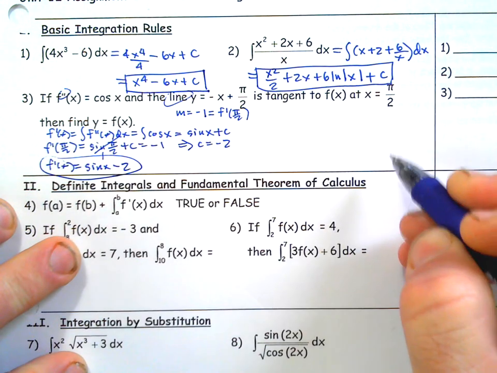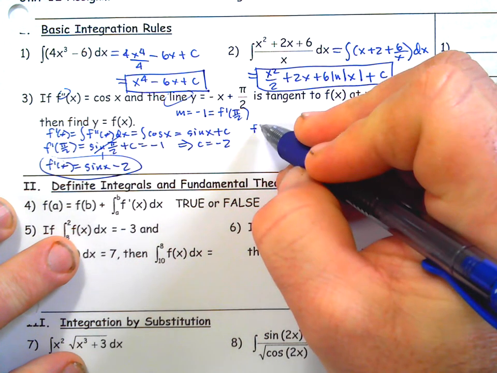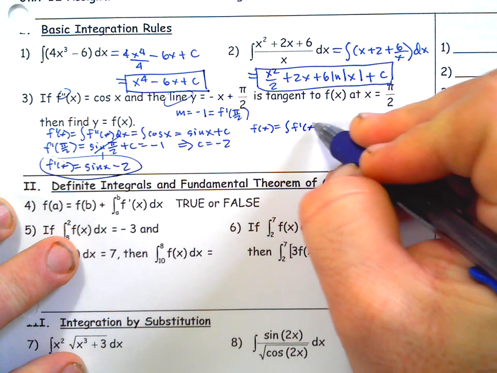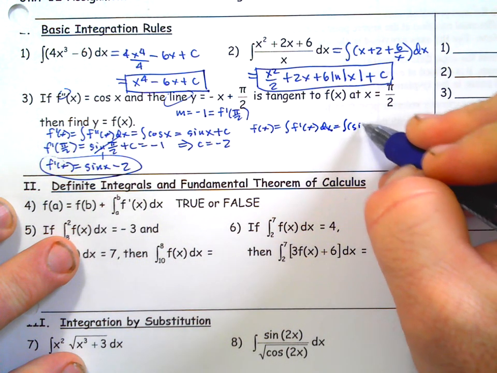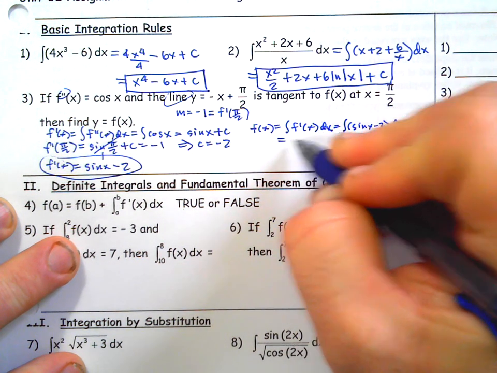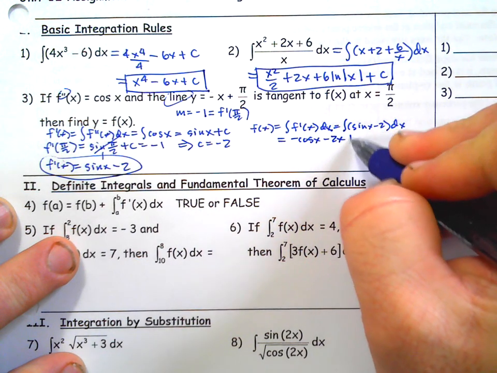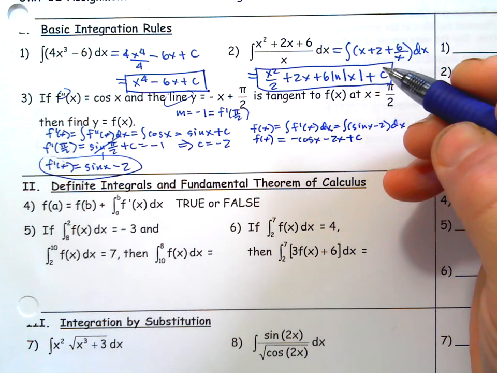So we're halfway there. So now we got to do it again. The original function is going to equal the integral of the derivative, which is the integral of sine x minus 2, which is going to give you negative cosine x minus 2x plus c. This is a different c value. So we need another initial condition.